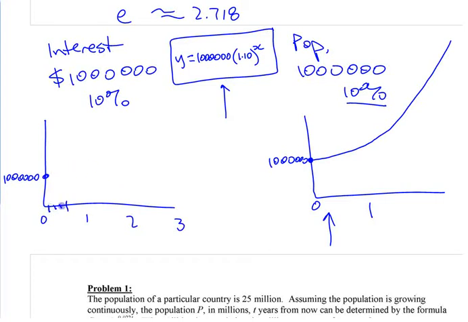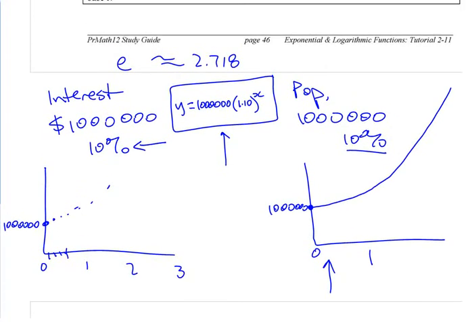You could get paid every month, in which case you'd have dots a little bit more often here. Compound interest is getting paid more and more often. If you did it so you were compounding it continuously, as soon as there's any interest to be paid, if that gets dumped into your account, that's basically how this grows. As soon as there's any new population, it's added to the amount. So that's where this comes from.